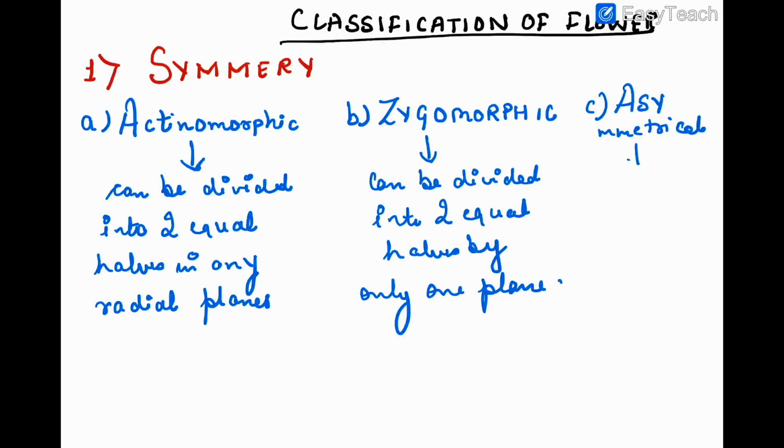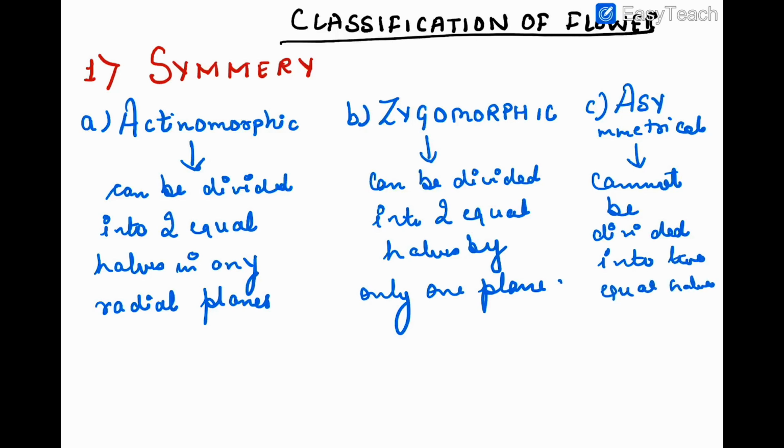And asymmetrical flowers are those flowers which cannot be divided into two equal halves by any plane. So this is classification of flowers based on symmetry. Now let us classify the flower on the basis of insertion to thalamus.